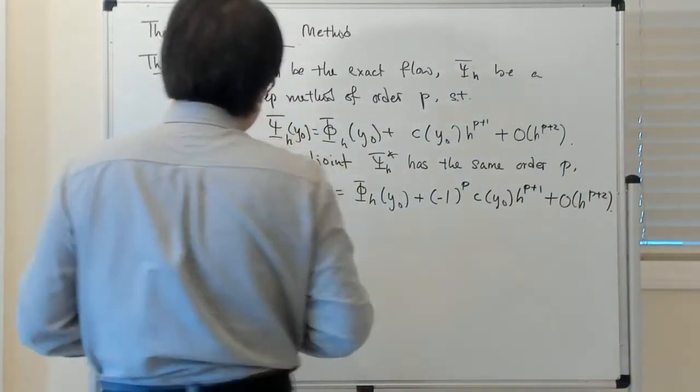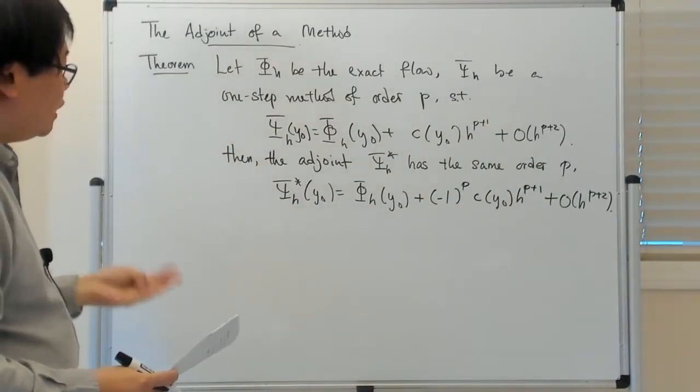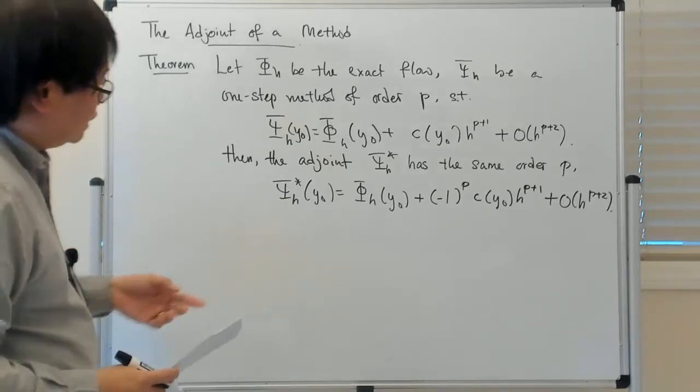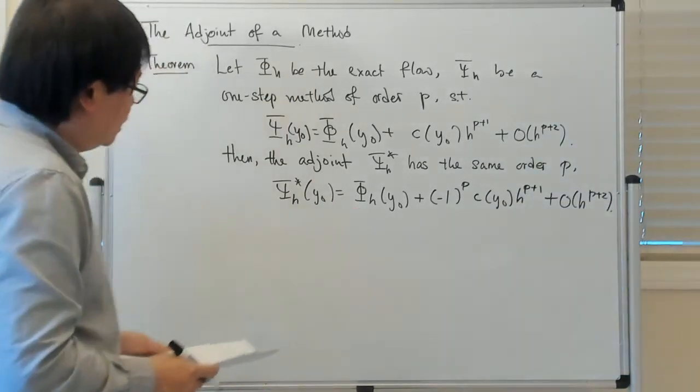This is something you can check basically by definition of the adjoint, and using the fact that the exact flow map is self-adjoint.